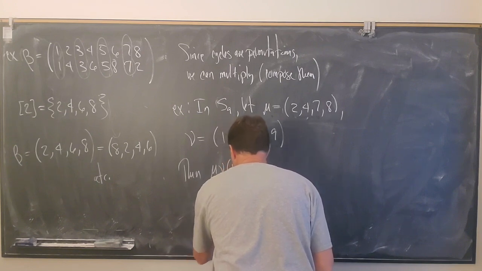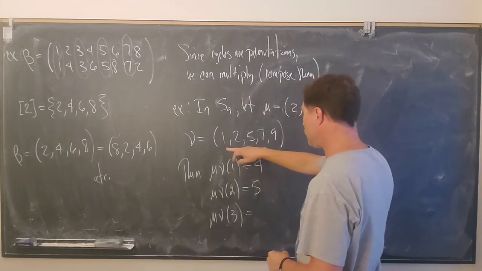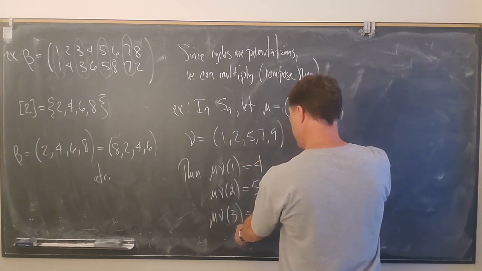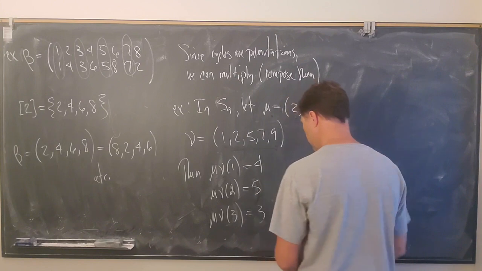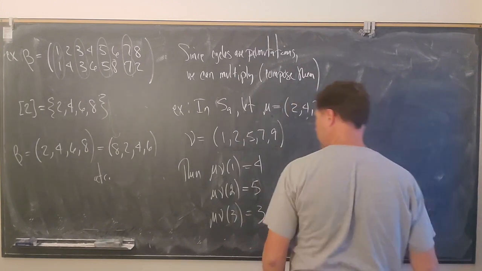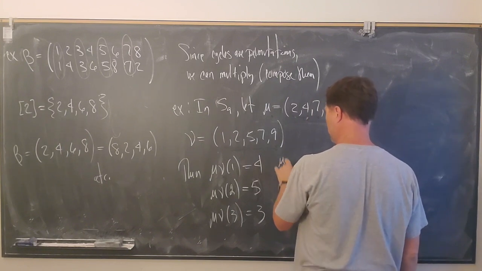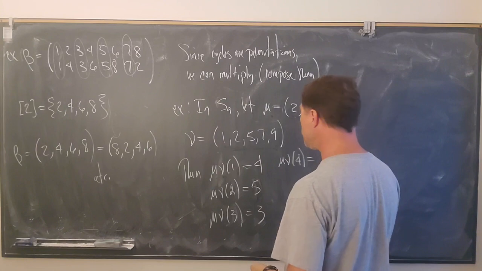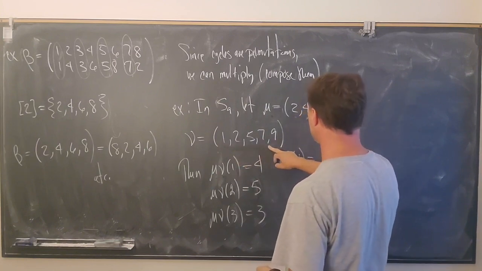Mu nu of 3. Okay, so first do nu. Nu of 3 equals 3. Mu of 3 equals 3. And so we get 3 all the way across the board. Okay, so now how about 4? First do nu. Nu of 4 equals 4.